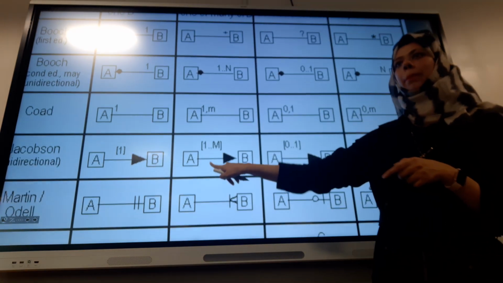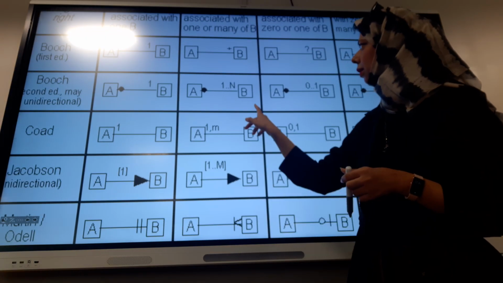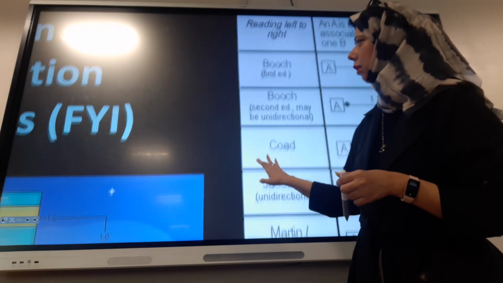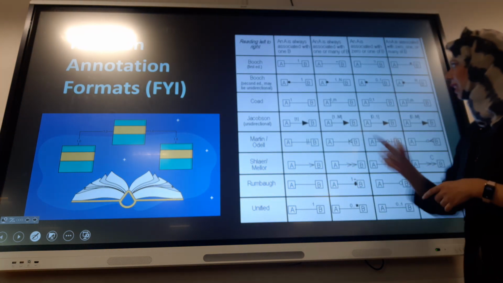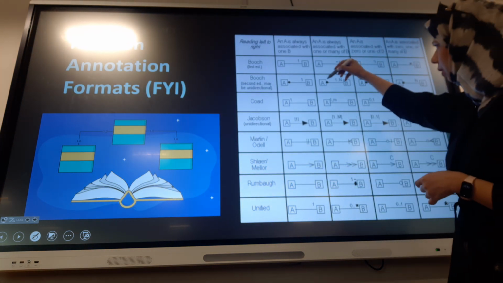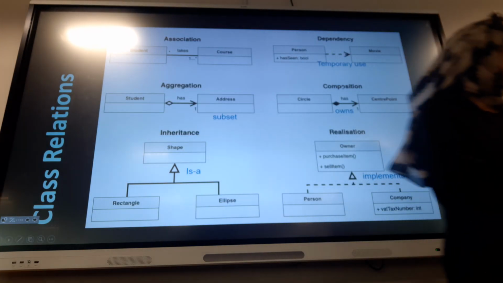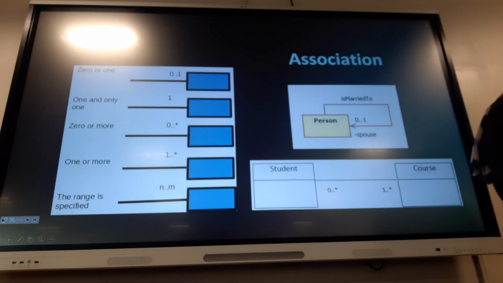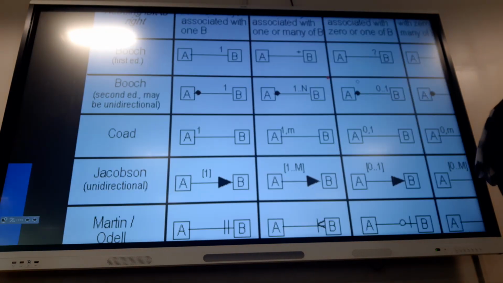Can you go back and explain the one to many? You said it's one to many, but then that closed circle is 0. So I'm confused. This one? Yeah. Okay, this is 0 on the left.